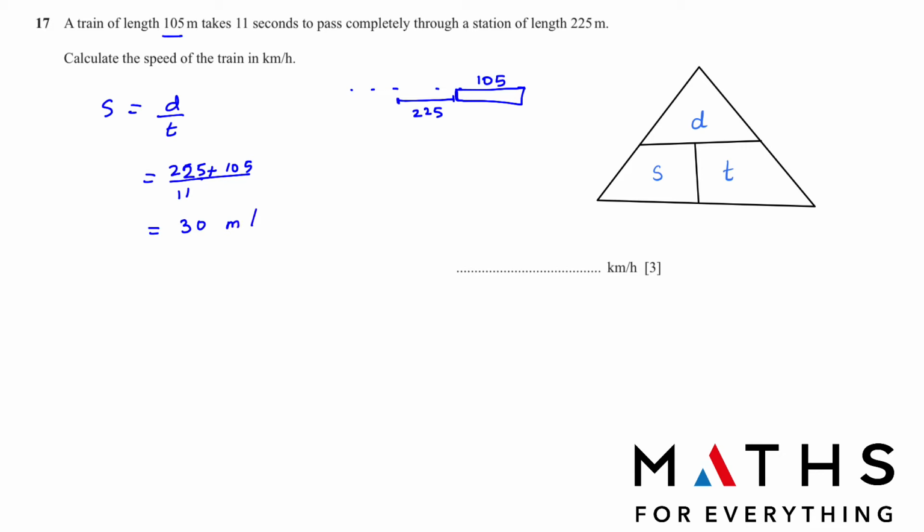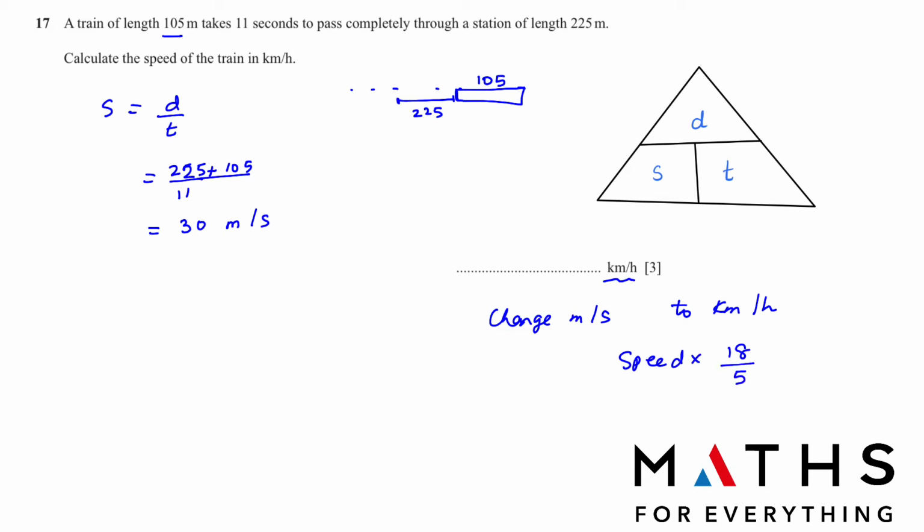This is meter per second, but we want kilometer per hour. I will show you one rule: when you want to change meter per second to kilometer per hour, you multiply your speed by 18/5.